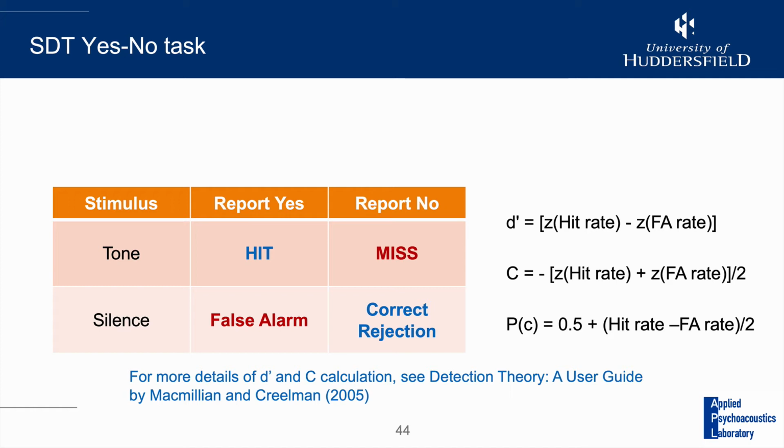From this, a psychometric function can also be derived. If you want to learn more details about the signal detection model and the sensitivity and criterion calculations, Macmillan and Creelman's book, Detection Theory: A User's Guide, is a very good reference.